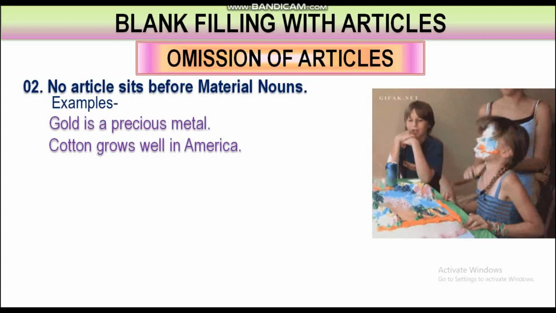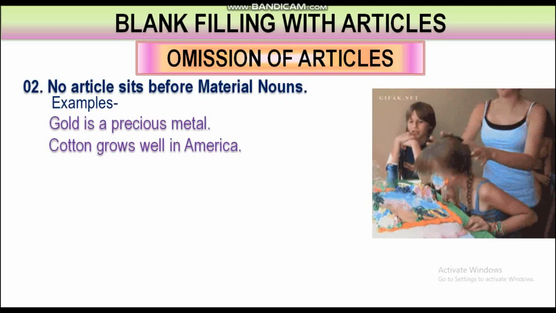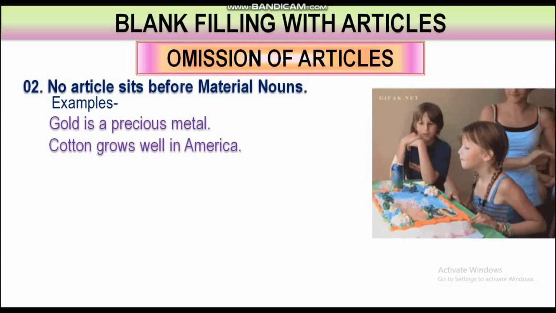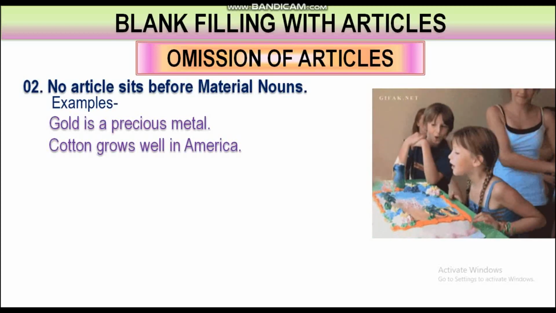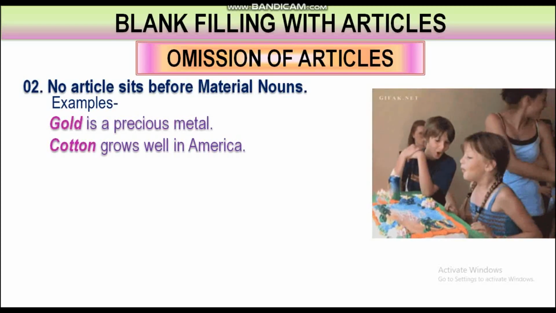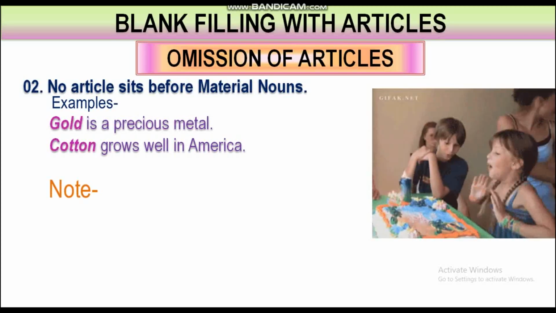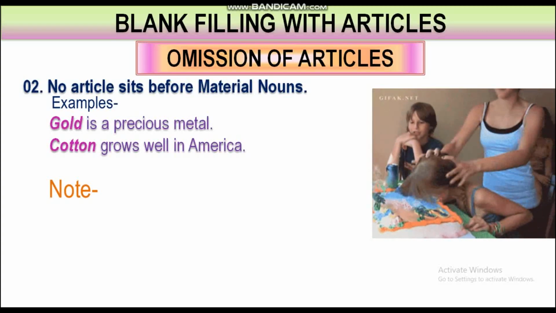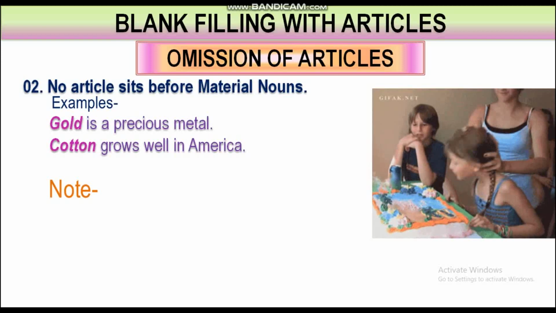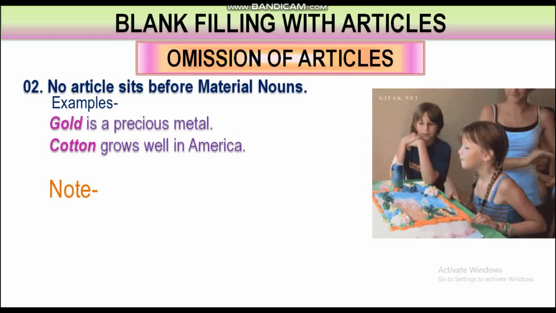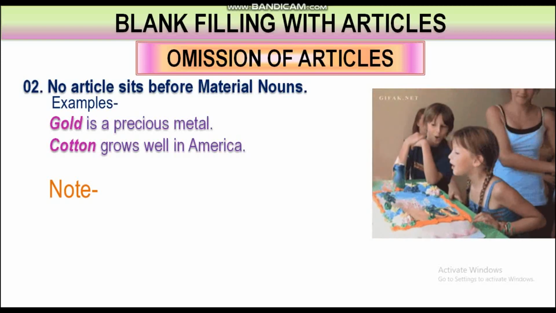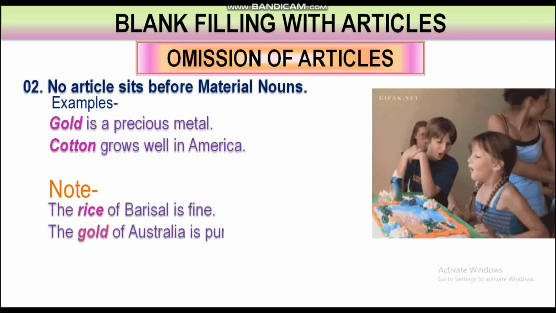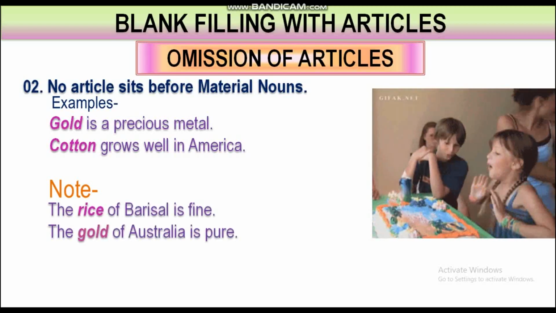Here in the sentences, gold and cotton are the material noun, and that's why no article is used before them. But if material noun is indicated definitely, then article the sits before that material noun. For example, the rice of Borishal is fine.